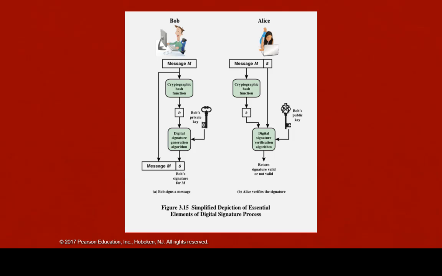When Alice receives the message plus the signature, she 1. calculates a hash value for the message, and 2. provides the hash value and Bob's public key as input to a digital signature verification algorithm. If the algorithm returns the result that the signature is valid, Alice is assured that the message must have been signed by Bob.